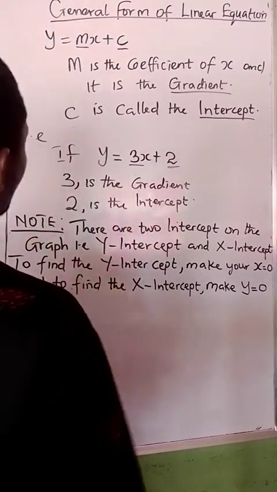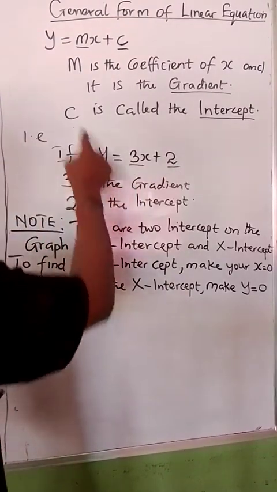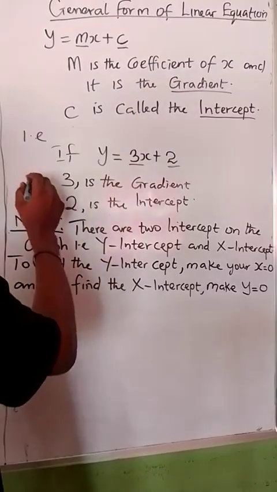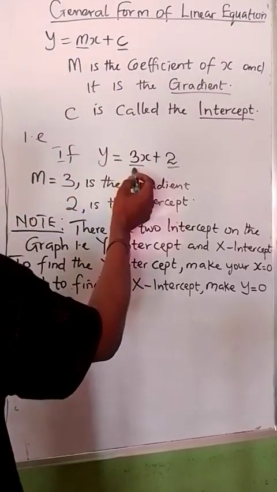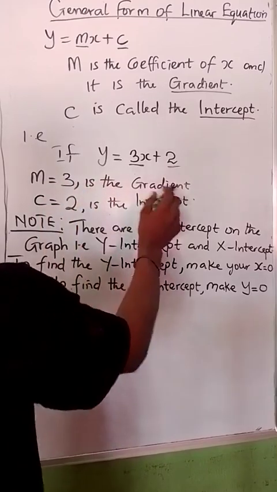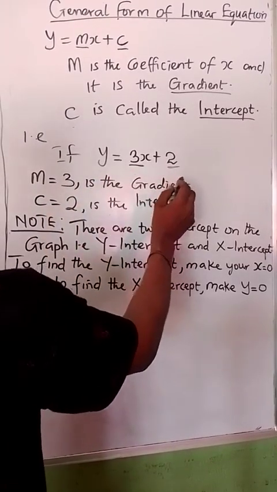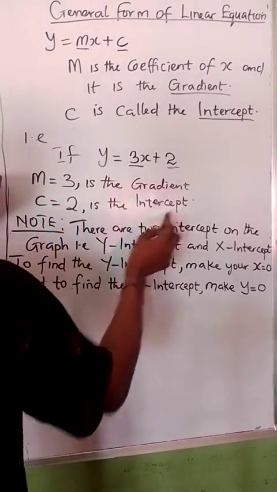Now, if y equals 3x plus 2, that means m is 3, which is the gradient of this equation, and c, which is 2, is the intercept.